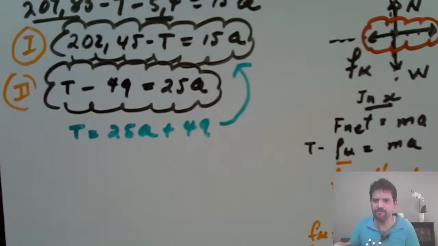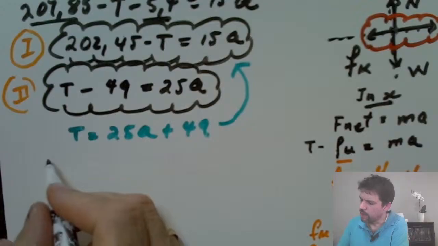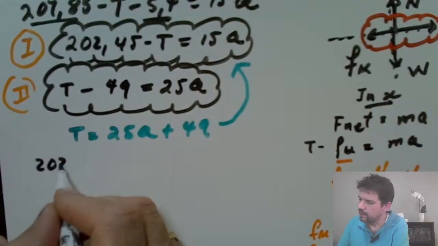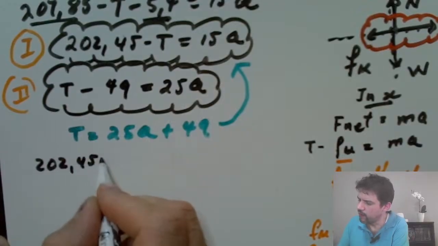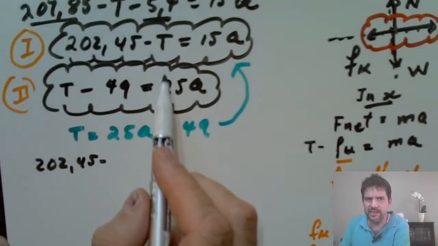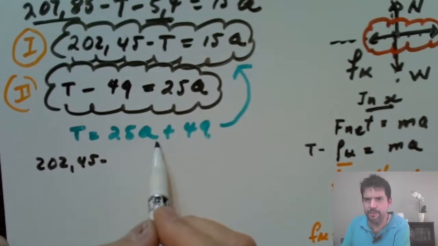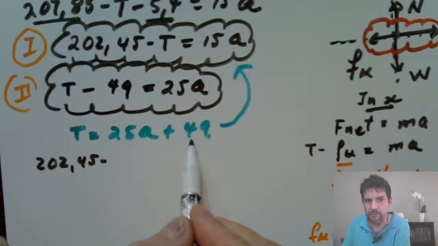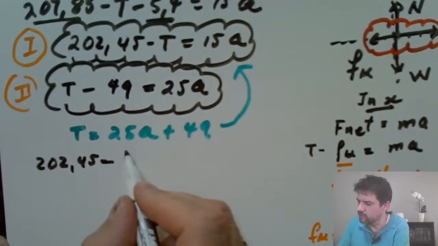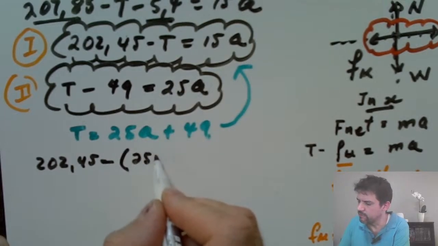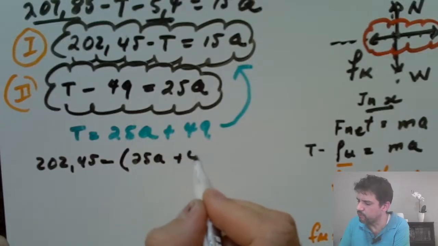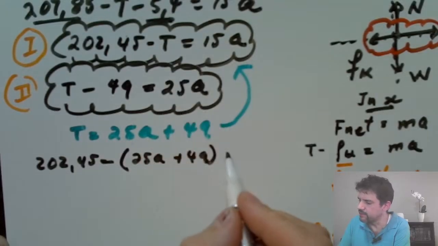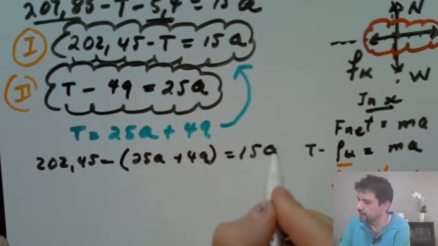So the tension in there, we have 202,45 minus T, but T is going to be 25A plus 49. So that is what I'm going to substitute. Minus, in bracket, 25A plus 49, and all that is equal to 15A.